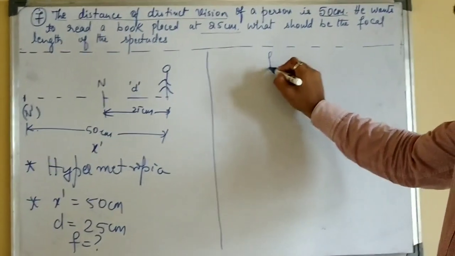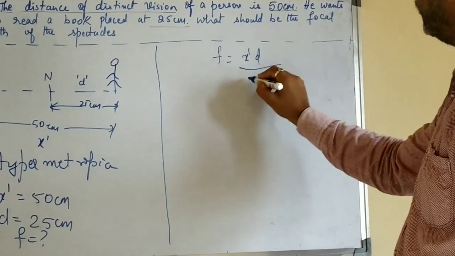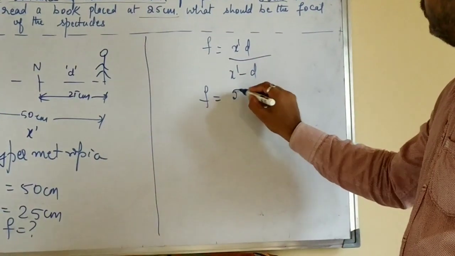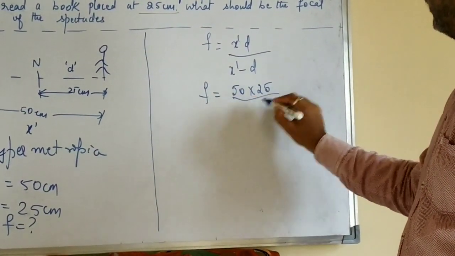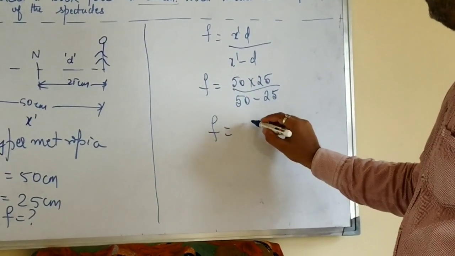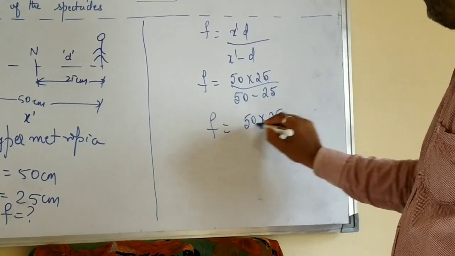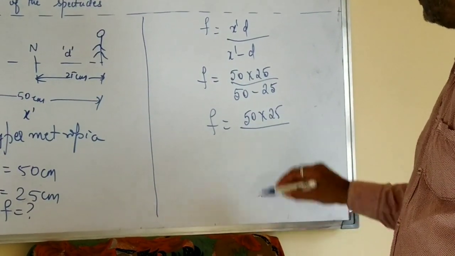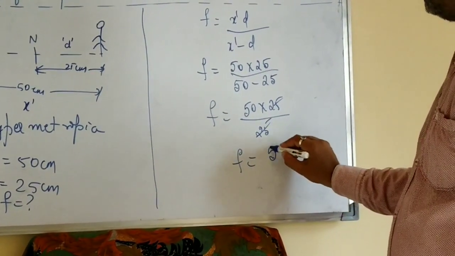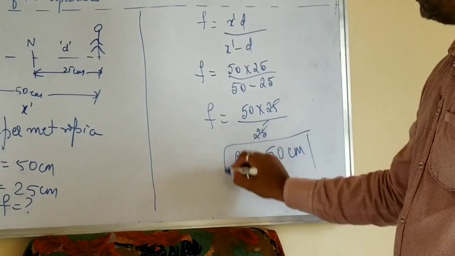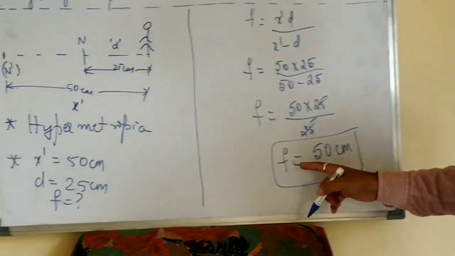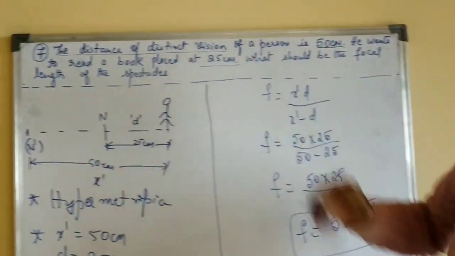Now you have the focal length formula. f is equal to x dash into d divided by x dash minus d, or f is equal to 50 into 25 divided by 50 minus 25. What is 50 minus 25? It is 25. Then focal length is equal to 50 centimeters. The focal length value you got is 50 centimeters. What should be the focal length of the spectacles?